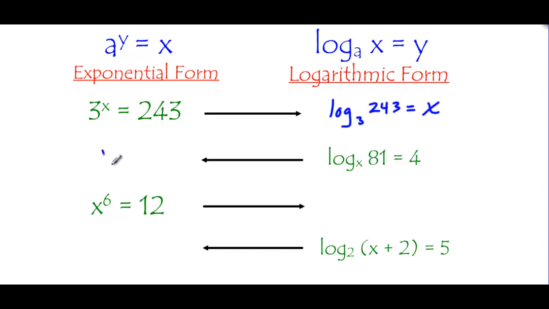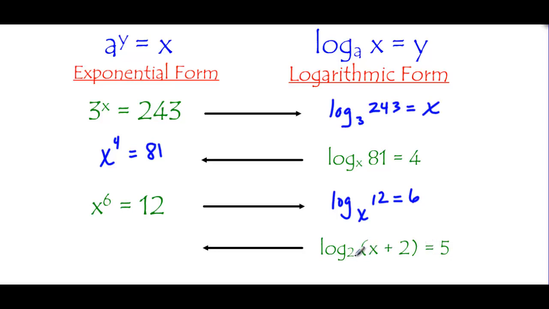Well, you keep the base the same, x, and now it's going to be x to the 4th power equals 81. Again, let's go backwards. x to the 6 equals 12 is going to be log base x of 12 equals 6.